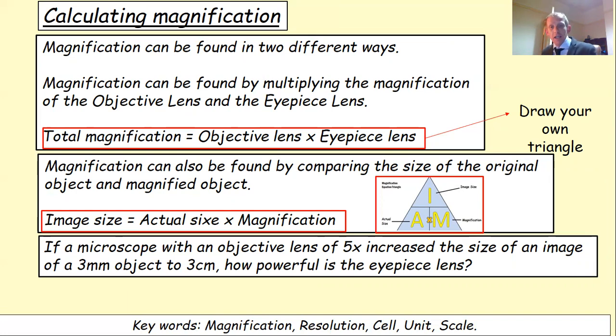Now, I've put an equation triangle next to the image size equation, and that means that you can work out any facet of those three things with the other two. If you've got the other two bits of data, you can work out the third of them.